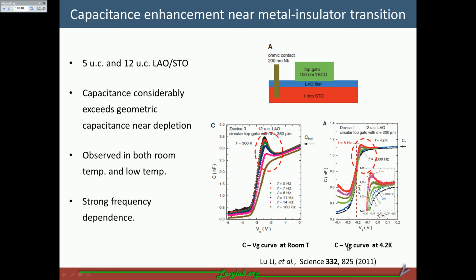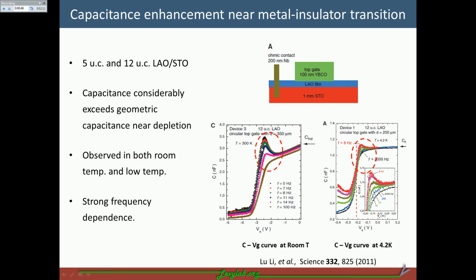In 2011, Li fabricated these two-terminal capacitor devices based on 5-unit cell and 12-unit cell LAO. Such two-terminal capacitor devices consist of a circular metallic top gate and a conducting plate. And they observed the capacitance will substantially exceed the geometric capacitance value right in this electron depletion region at the interface.